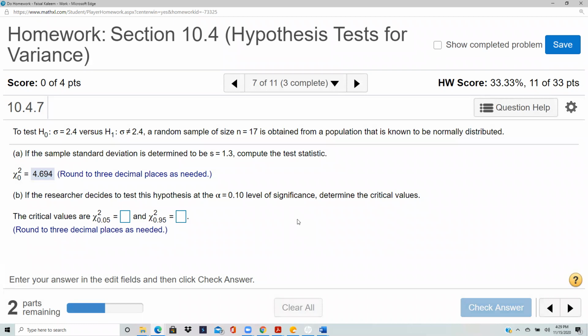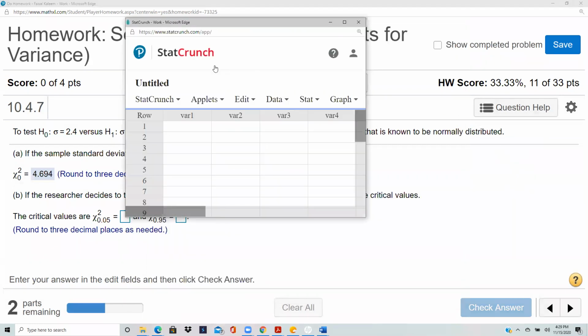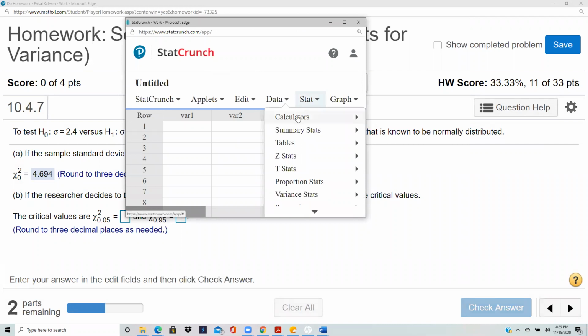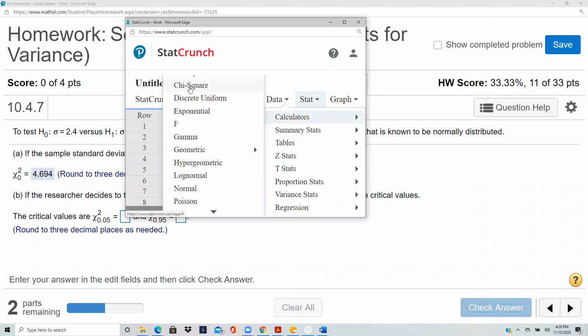Okay, the critical values can be found through the chi-square calculator because the test is about standard deviation. So I do the chi-square calculator. Stat, Calculators, Chi-square.